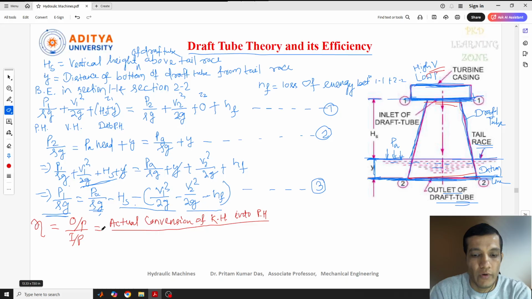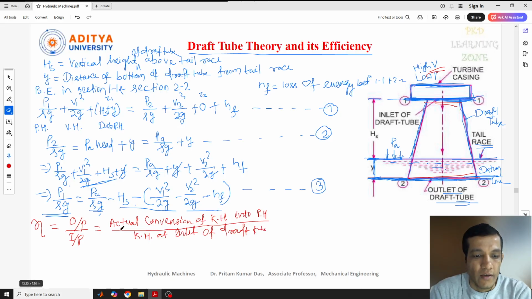And what is the input? Input is nothing but the kinetic head, exactly the kinetic head that was there at the inlet point. So I'll also write here, kinetic head at inlet of draft tube. So this is our efficiency.